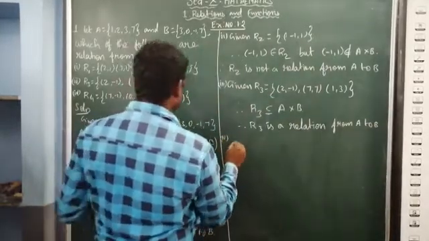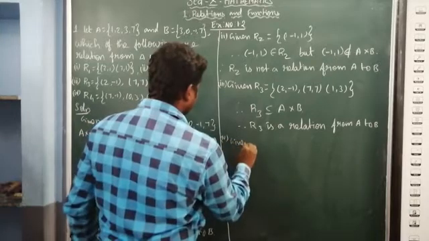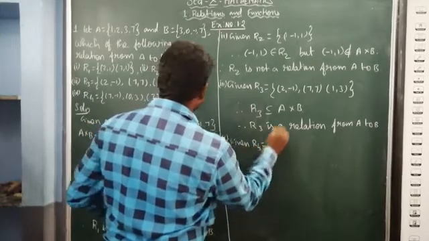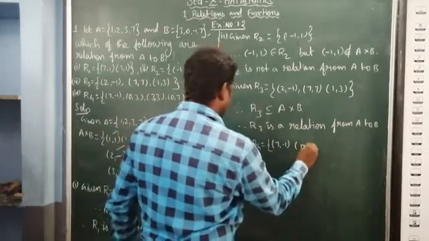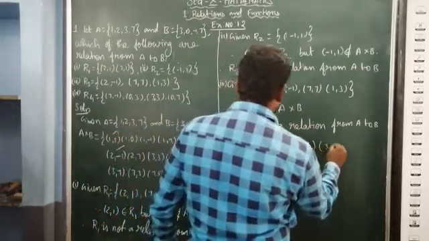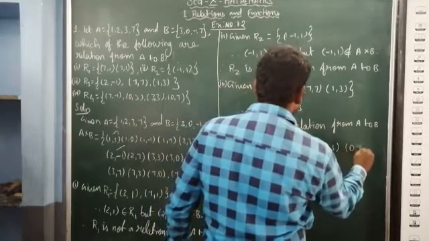Next, the fourth subdivision. Given R4 equal to, in set notation, (7,-1), (0,3), (3,3), (0,7).